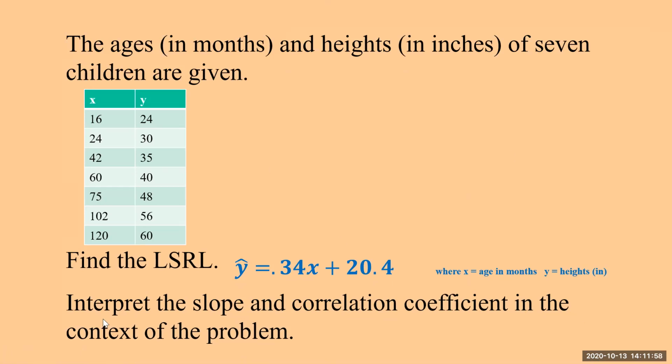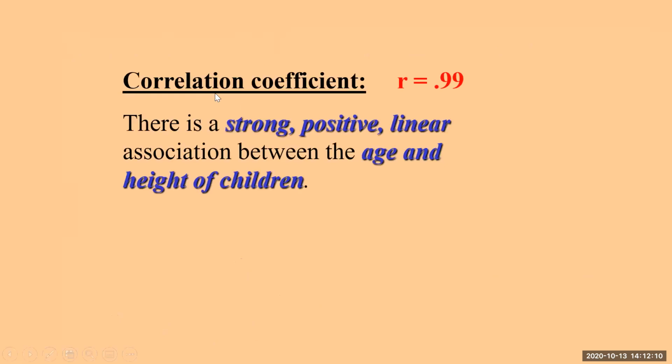So how do we interpret the slope and correlation coefficient in the context of the problem? Well, we already said the correlation coefficient here was r equals 0.99. So there is a strong, because it's above 0.8, positive linear association between, what are we talking about?